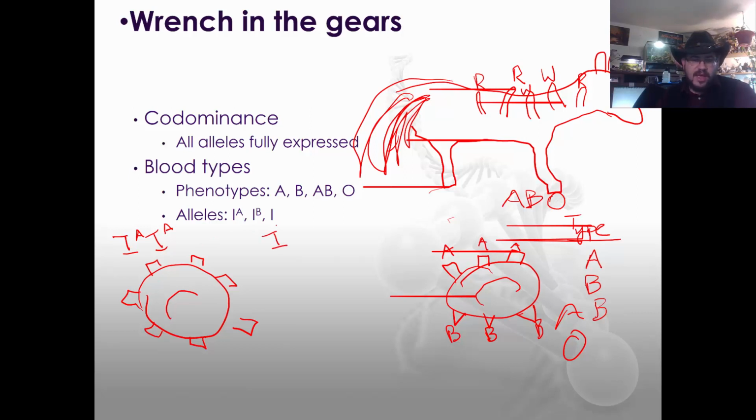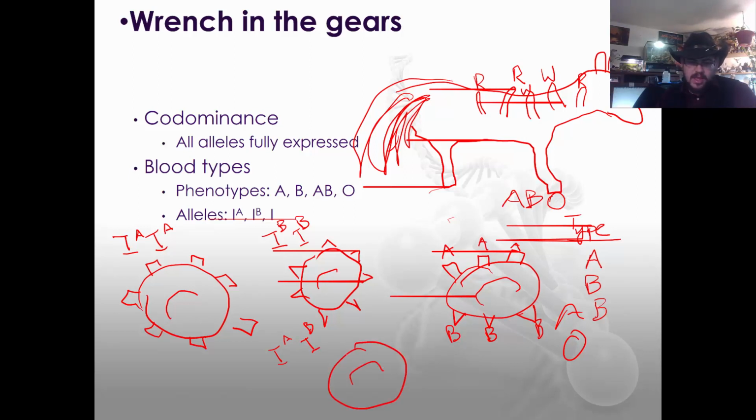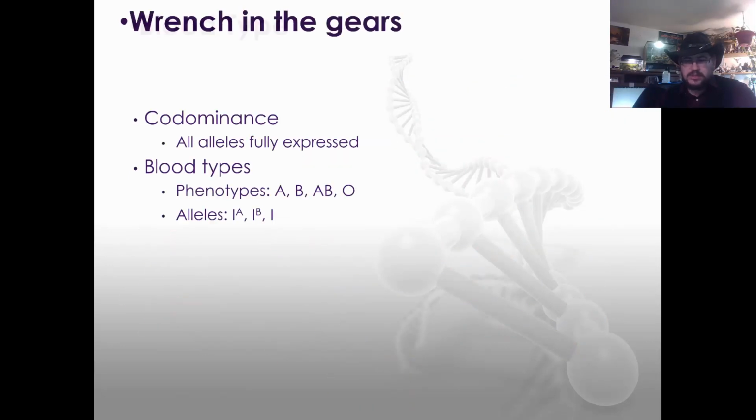If you have IB, this gives you a B blood type, in which you have little B proteins all over it. You could also have IA, IB, in which case your red blood cell has A and B proteins.